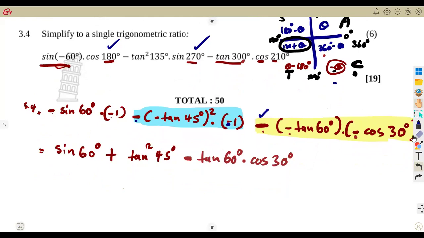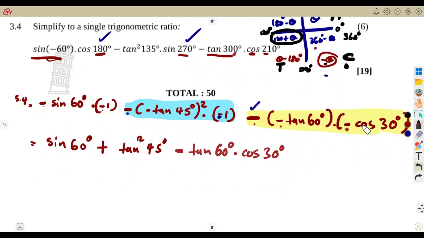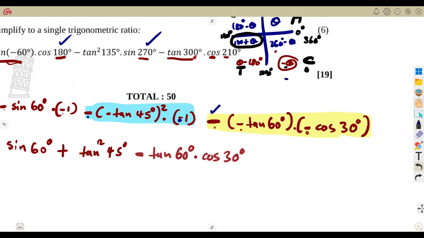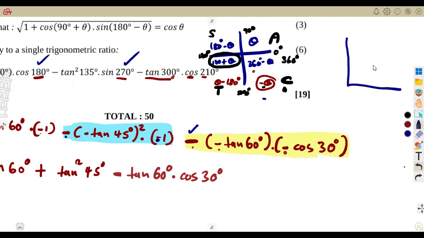All right, so let's see. Let's put our values here, sine 60. Let us apply our special angles, our sine 60. Remember, from our special angles, we're going to have something like this. That's 60, 30 here. And this will be 1, 2, square root of 3.